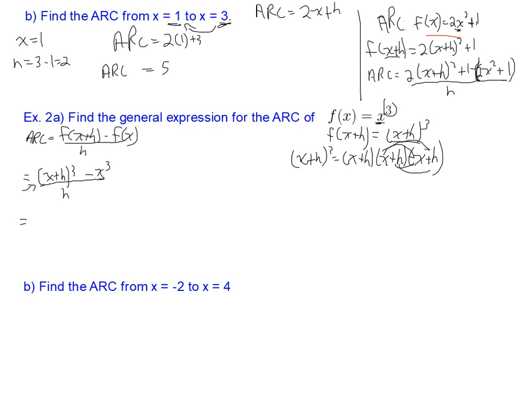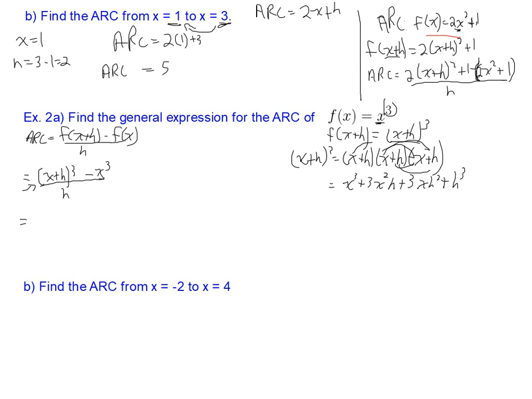It doesn't matter what order you do it in. And then take whatever you get for that answer, take the x plus h here and multiply it by everything there. It turns out you're going to get x cubed plus 3x squared h plus 3x h squared plus h cubed. So that's the hard part here.